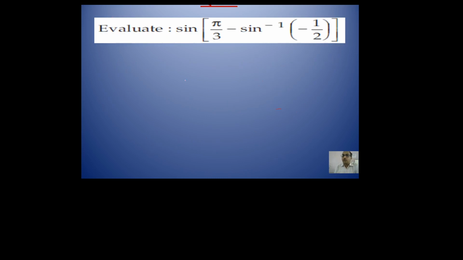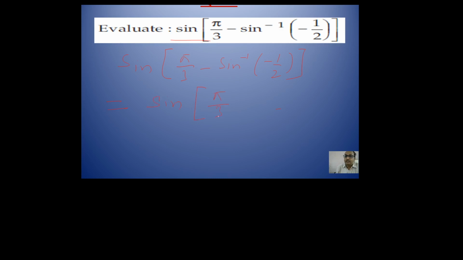So question number 2 is from inverse trigonometric functions. Okay, and this will be the second most important chapter in 12th standard. So in this, we are given sin of pi by 3 minus sin inverse of minus 1 by 2. We have already studied in inverse trigonometric functions.